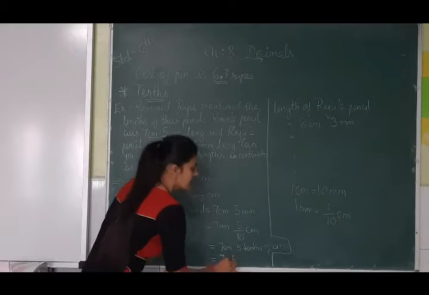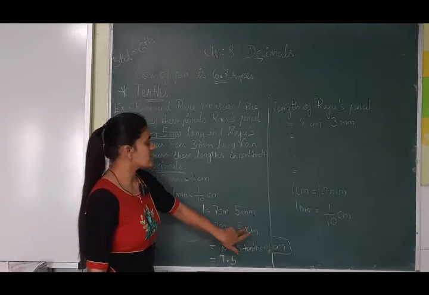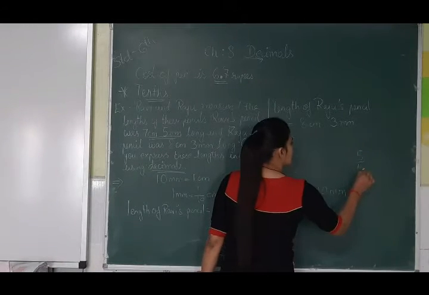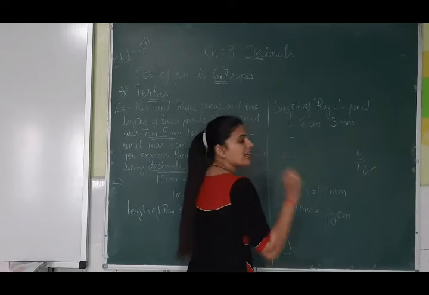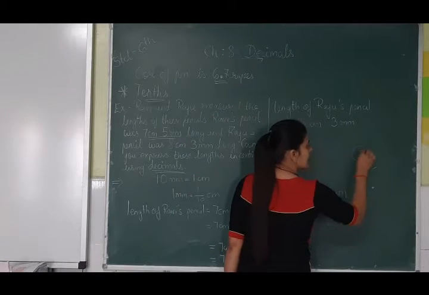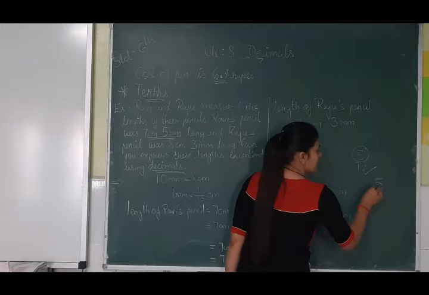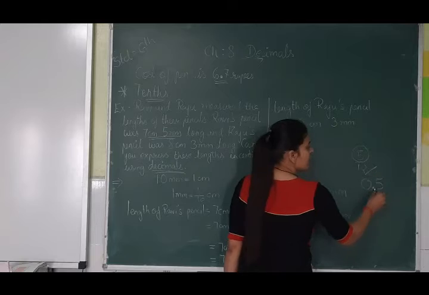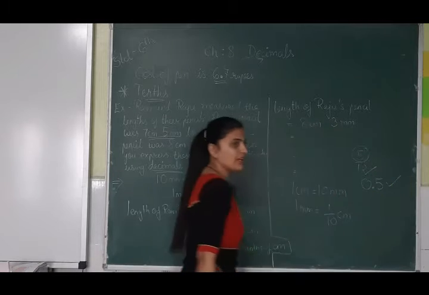Now this 5, because here you can see that 5 by 10 has only one 0, it means that after the point only 1 digit should be there. So after the point 1 digit, that is 5, and before it will be 0. So 5 by 10 is in fraction form and 0.5 is in decimal form.